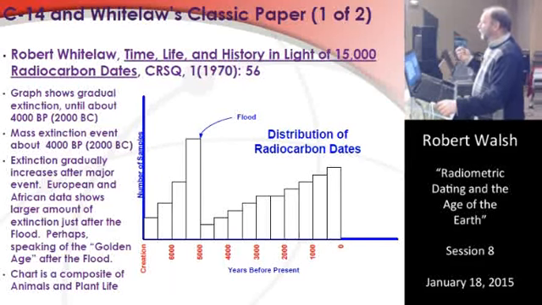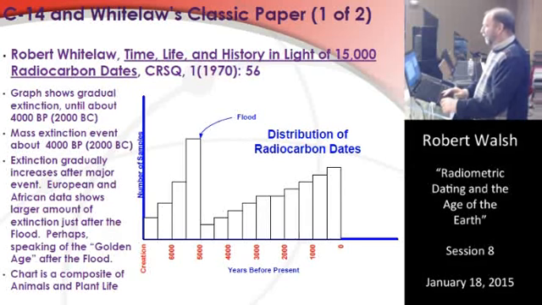Okay, so there are a lot of data here for the time of the flood, and then right after the flood, there wasn't as much extinction, and it began to creep up until modern day.